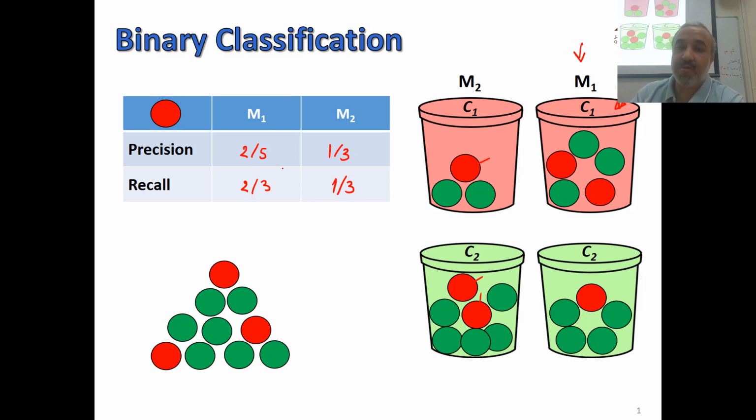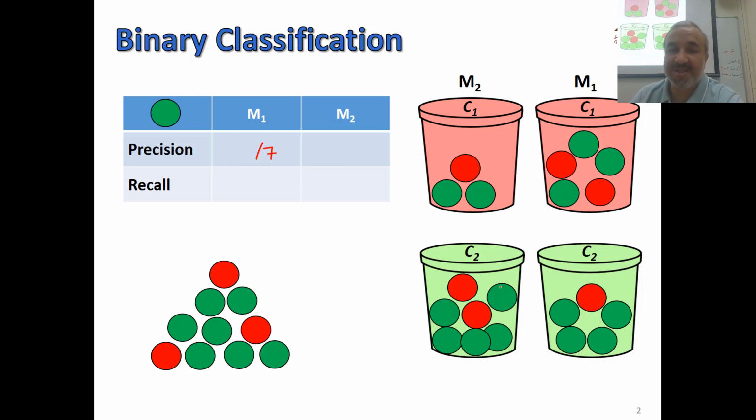Okay, can we compute the same for the green class? Assuming that it is the positive class, because it might be the case, right? So we can also compute precision and recall for the other class. Can we do it quickly? How about precision of M1 in this case? Yes, the denominator is 7.